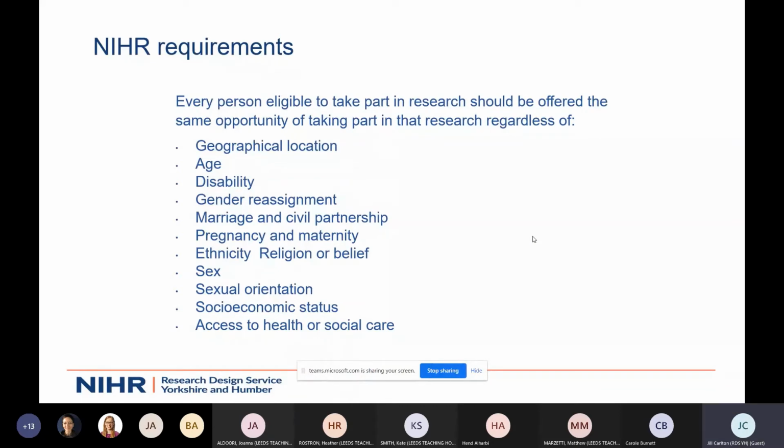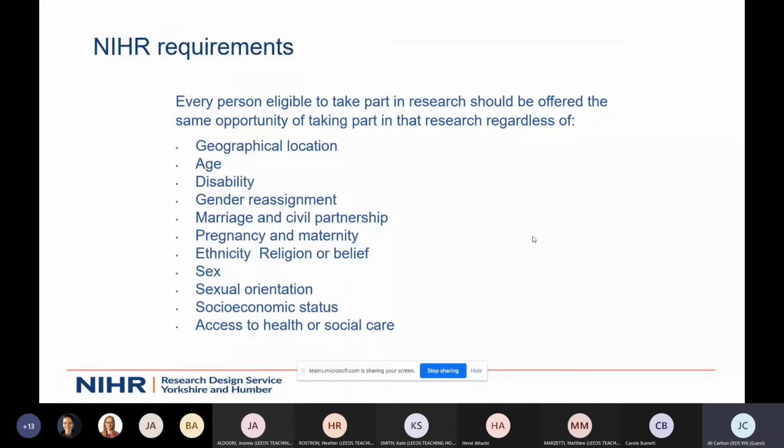There won't be an explicit section on the application form to address this, but the consideration of these principles should be within your methodology, and you should have thought about that when designing your proposed project. This is something that the RDS can help with, in terms of helping identify whether you are being truly inclusive here, or whether you have thought about X or Y or Z.